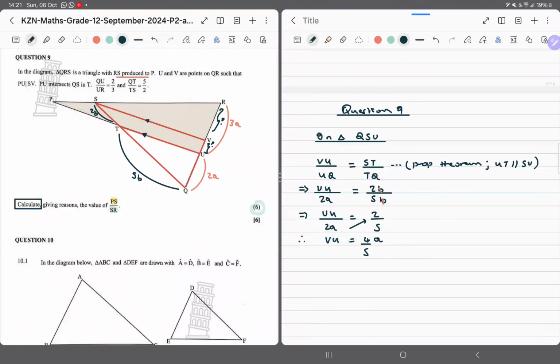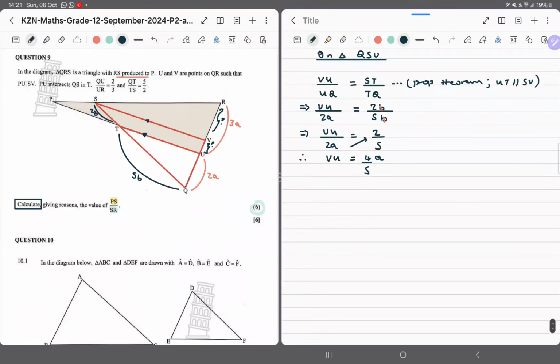If we have that, now we go back and say, okay, fine, in triangle, maybe let's say then, because now we're going to answer the question. Then, okay, let's just say in triangle PRU.